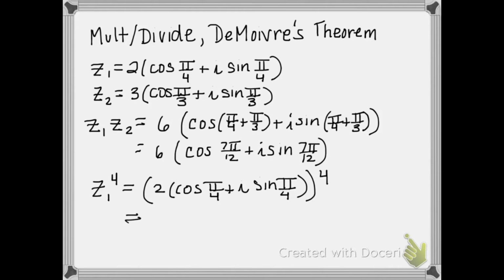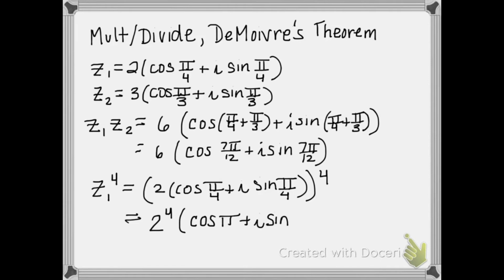So DeMoivre's theorem says raise the real part to the 4th power. So that's 2 to the 4th. And then hopefully you recall that we multiply the angle by the power. So it's just pi over 4 times 4, which will give me pi.